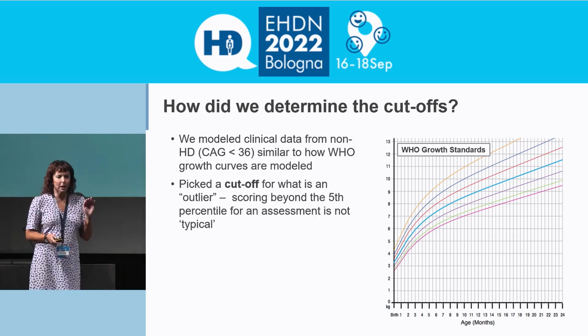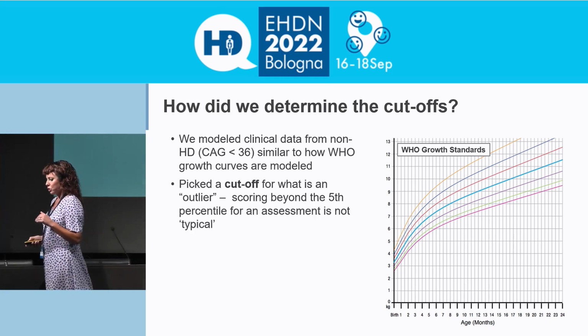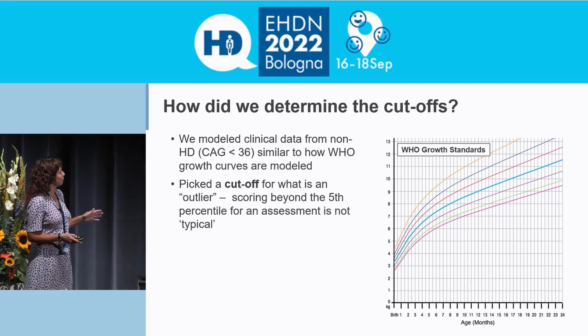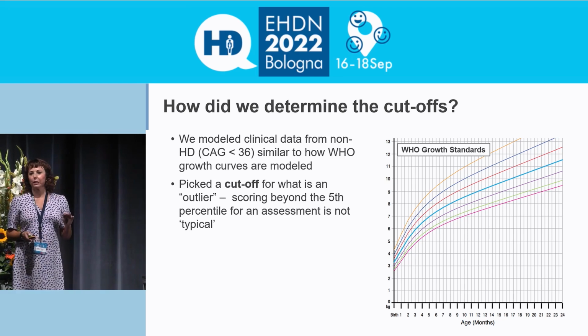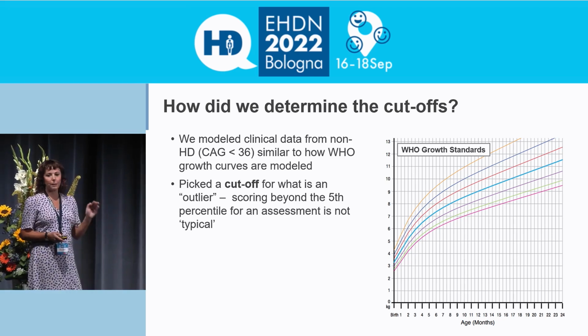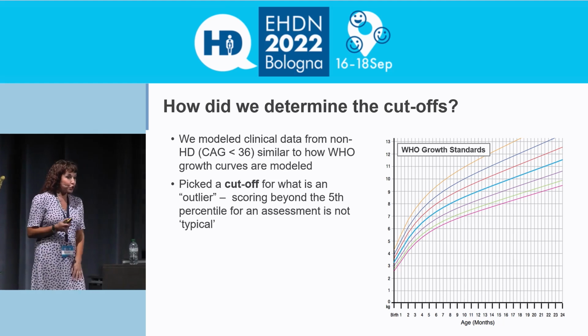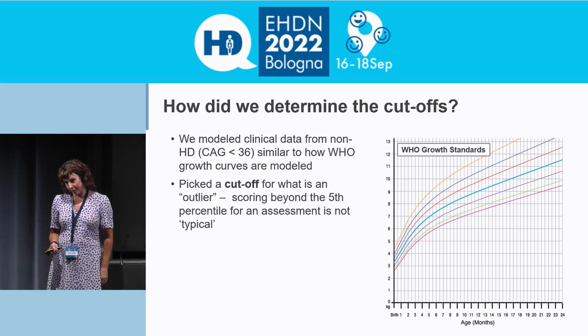So we picked a cutoff in the controls, which based on the control data was an outlier. So it was scoring beyond the 5th percentile.